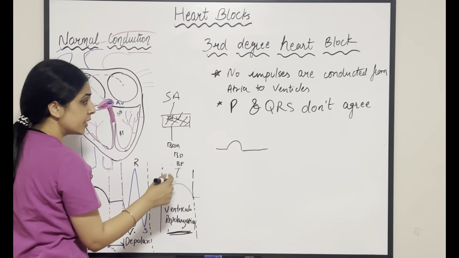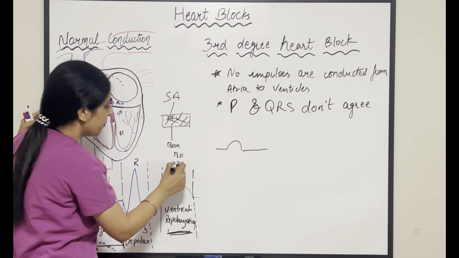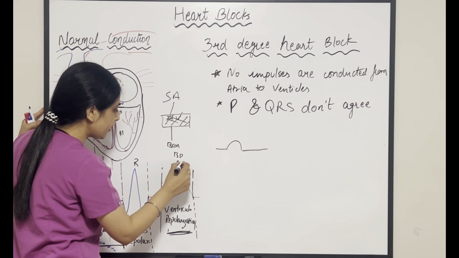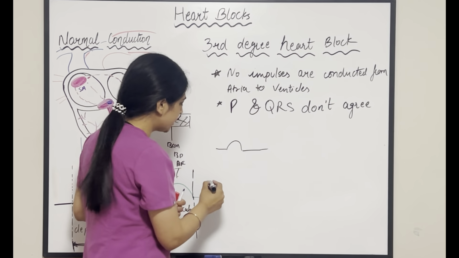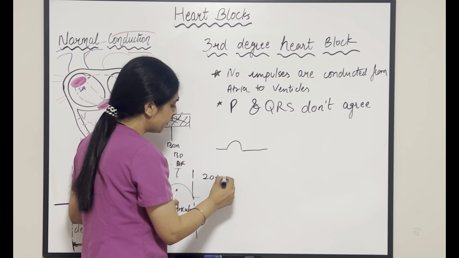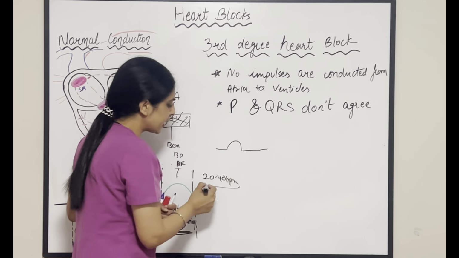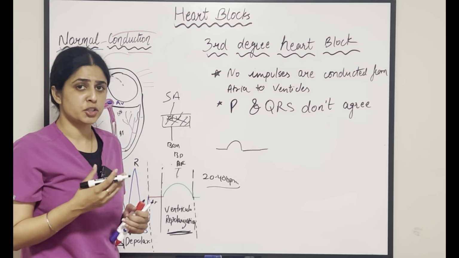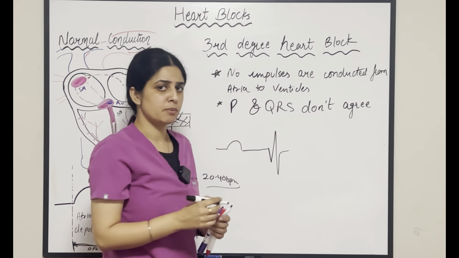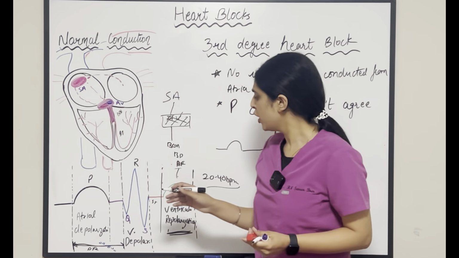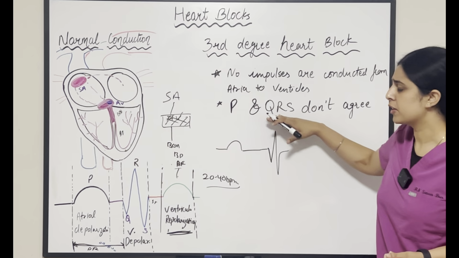However, because of junctional escape rhythms, Purkinje fibers also generate some impulses at a rate of 20 to 40 beats per minute that can cause ventricular depolarization at some time. So in between, there is a QRS complex. But there is no relation of P and QRS.